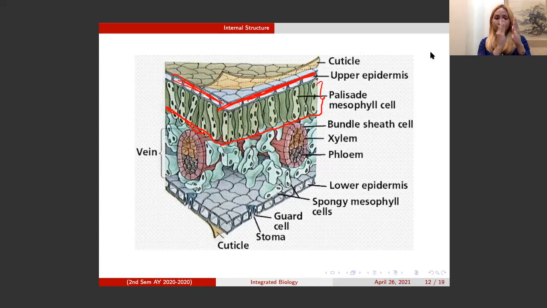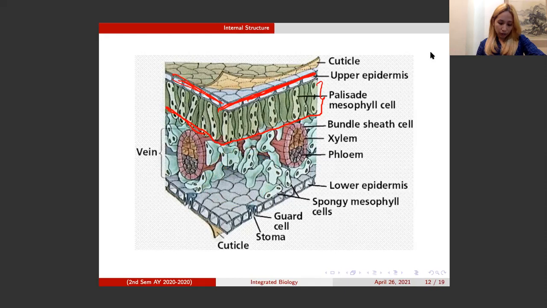You will notice na it is dikit-dikit or it is oriented one after the other in comparison to this area, which is the spongy mesophyll area. The spongy mesophyll area provides for more, no, air spaces because of the loose arrangement of cells in there.